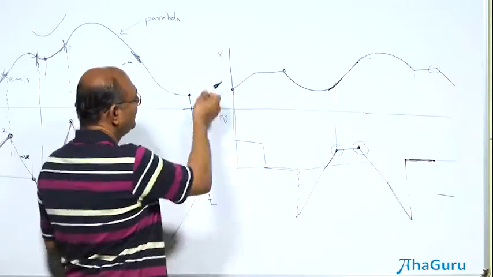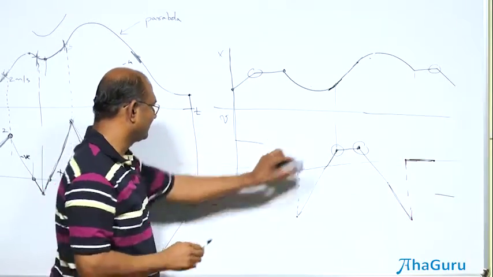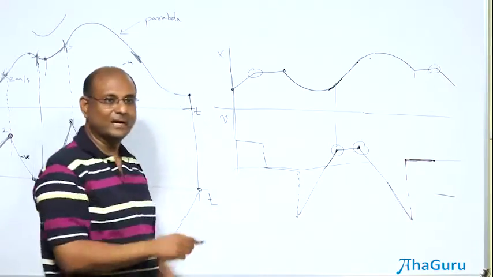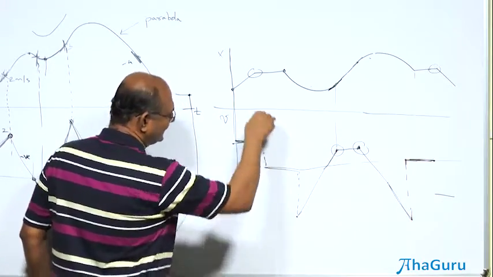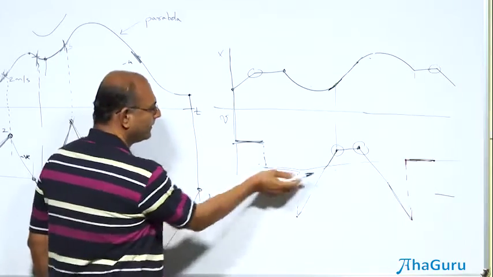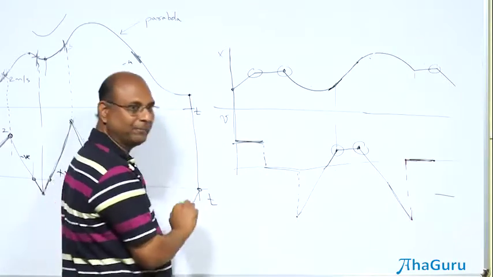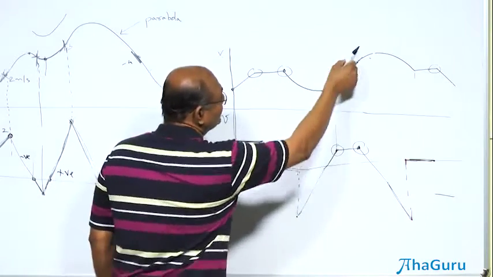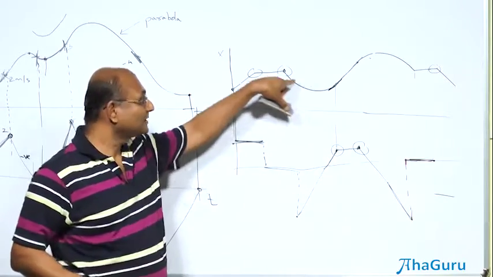Why did it jump? Because there was a sharp change in x. Dotted line. Because otherwise you can't have so many velocities at the same time. Correct. Okay, so this has a sudden jump because this is sharp. This does not have a sudden jump because that is smooth.